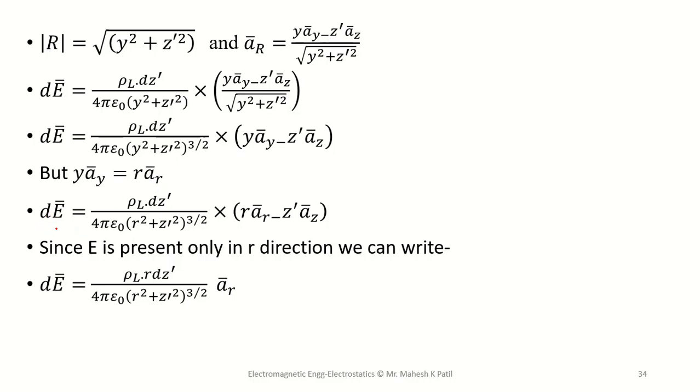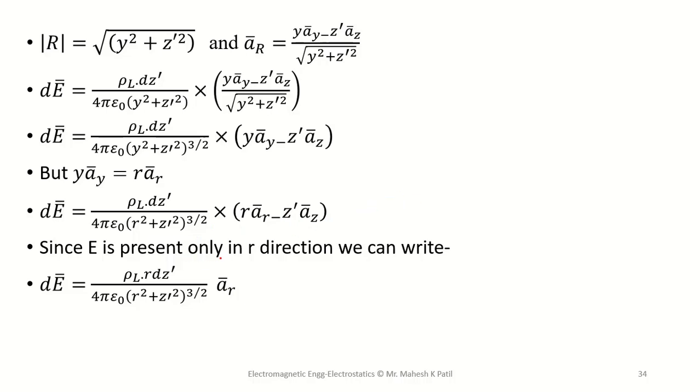So we can rewrite the equation of the elemental electric field intensity as dE bar equal to rho L dz dash upon 4 pi epsilon naught, and instead of y, we'll write r here. So r square plus z dash square raised to 3 by 2, into r a r bar minus z dash a z bar. Now this is the elemental electric field intensity.